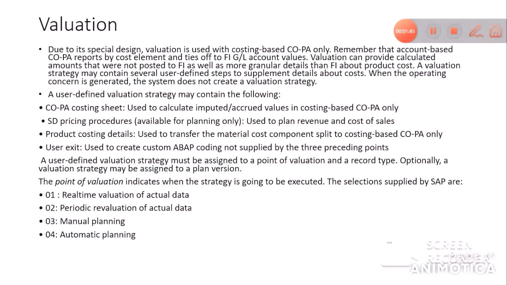Product costing details, used to transfer the material cost component split to costing based COPA only. User exit, used to create custom ABAP coding not supplied by the three preceding points.